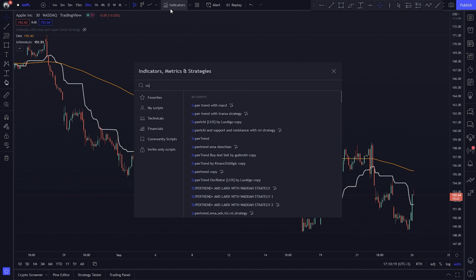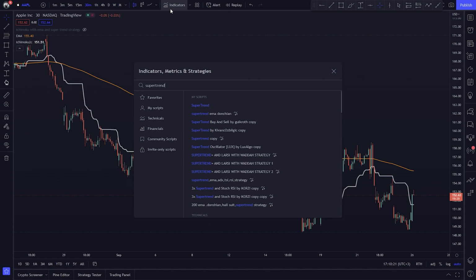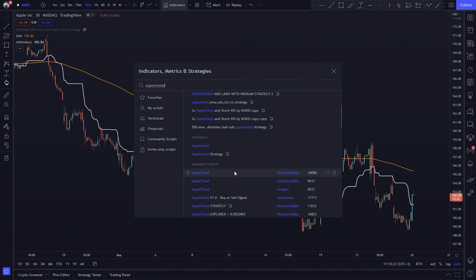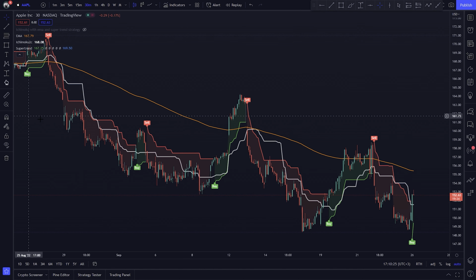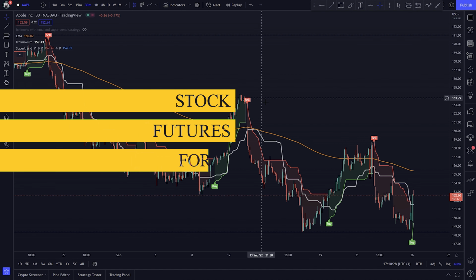SuperTrend. This strategy can be used in all types of markets: stocks, futures, forex, and crypto.